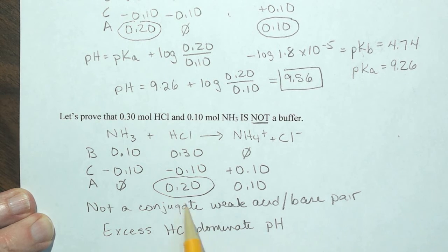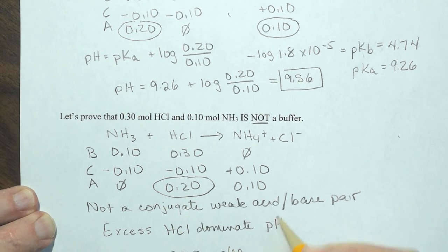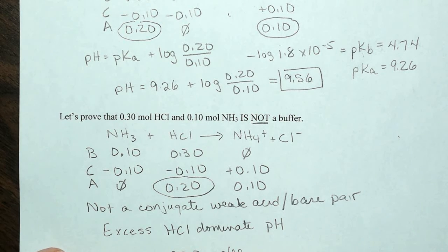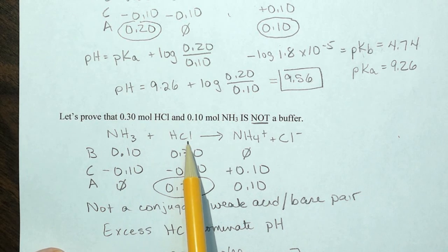And what we'd end up doing is simply taking our moles of HCl that are left and dividing it by whatever our volume is, whatever the liters, to find the molarity of H+. So definitely not a buffer system when we have an excess of a strong acid. And the same would hold true if we added an excess of strong base to a weak acid.